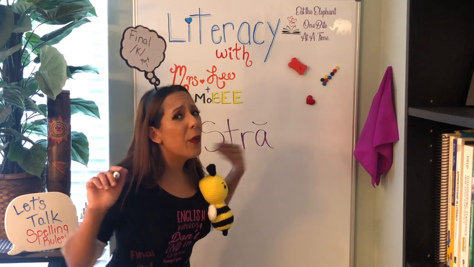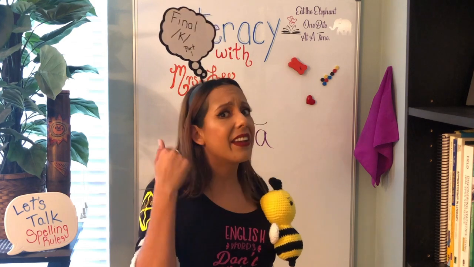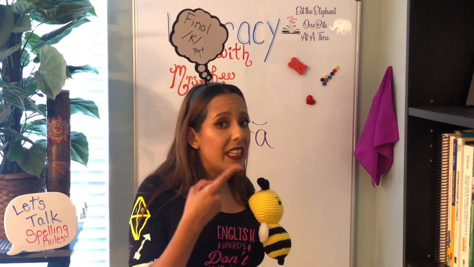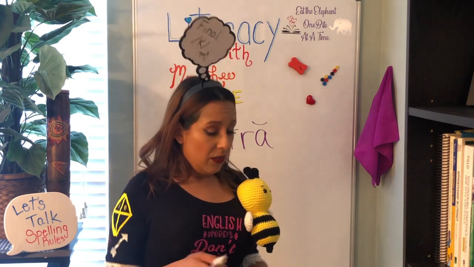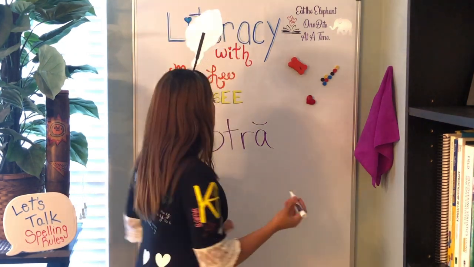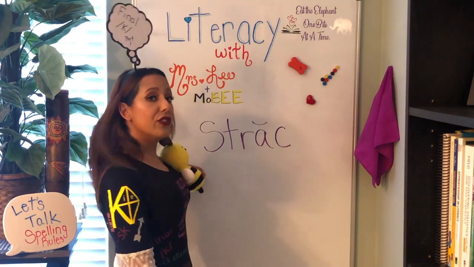Hold up. Did we not just learn that there are 2 graphemes that make that k sound? The C and the K? How are you supposed to know? Well, let's do some trial and error, because that's what I used to do before I knew this rule. Let's see what looks right. Strack.